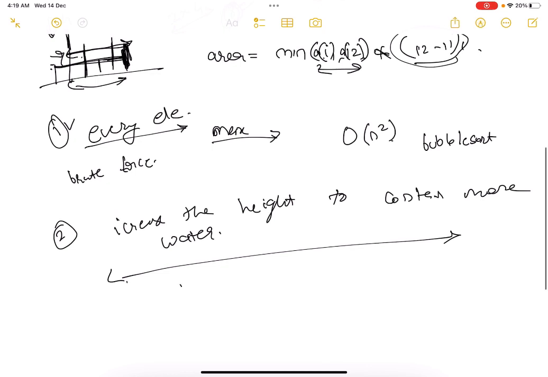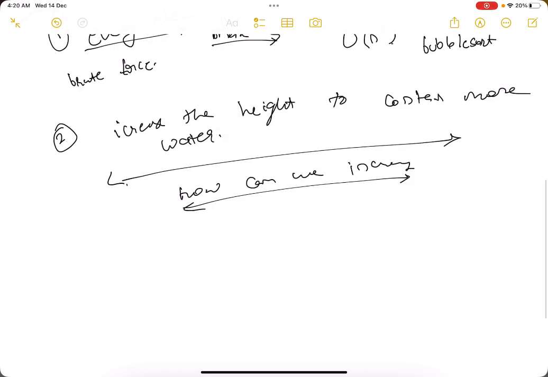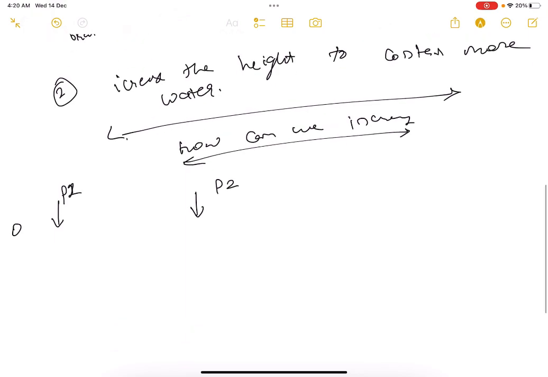So how can we increase the height? How can we know to increase it? What we are going to do is initialize p1 at the 0th index, and initialize p2 at the last index.